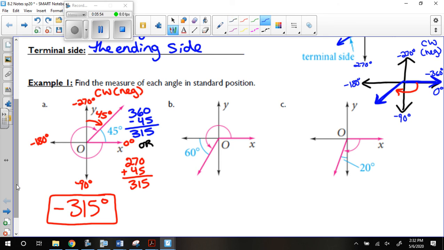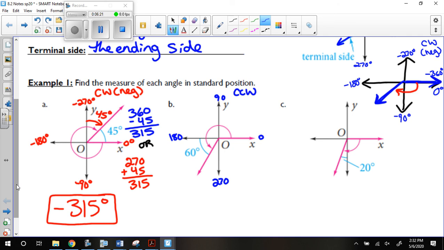Alright, for part B, we are going in a counterclockwise direction. And we start at 0, up here is 90, to the left, not negative, to the left is 180, and then down at the bottom here is 270, but we did not go all the way to 270.